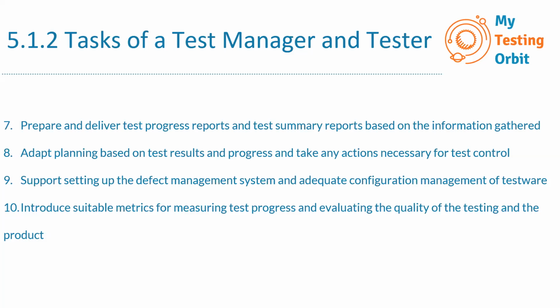And maybe in the beginning we plan to deliver a project in 1 month, but there can be some circumstances due to which we are not able to deliver that. And then at the end, when we are testing, and there are lots of defects, we can see that okay, we have only 2 weeks left and we are not able to deliver in those 2 weeks, then it's a test manager's job to maybe change the planning based on the time they have, what kind of risks are there, what kind of strategy approach they need to adapt.